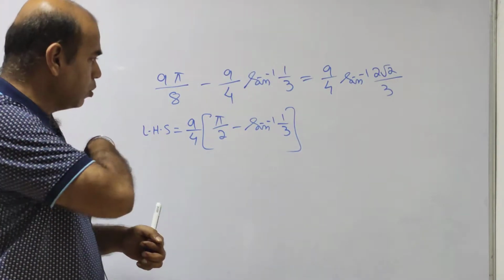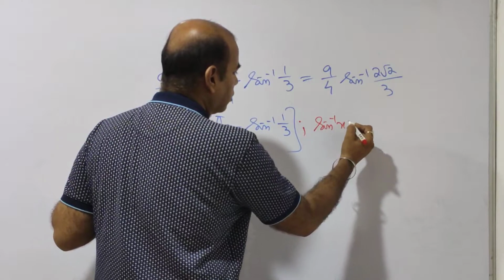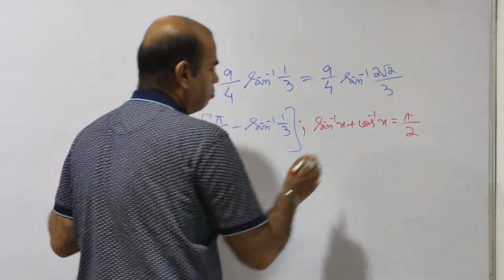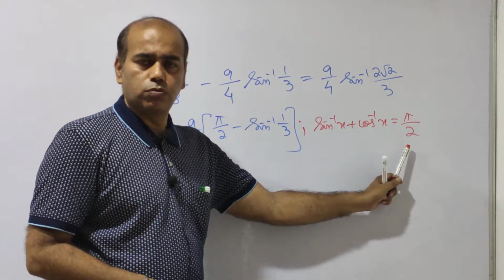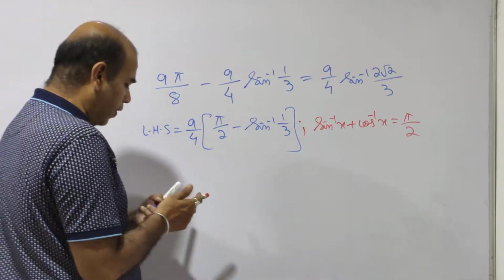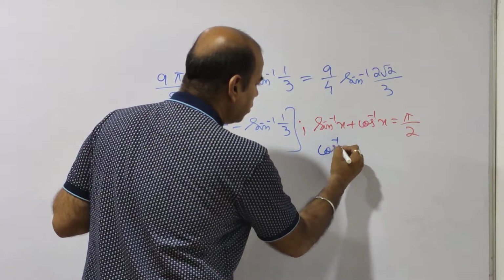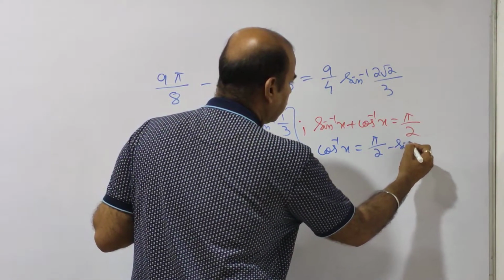Now, it is known to me by the formulas that sine inverse x plus cos inverse x equals pi by 2. That means, if I write like this, cos inverse x is pi by 2 minus sine inverse x.